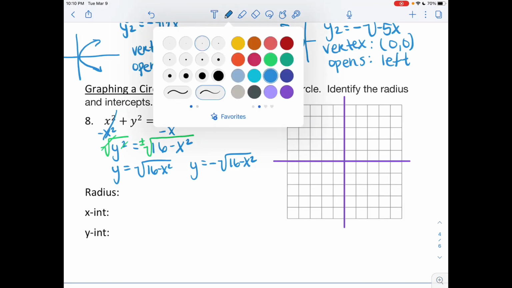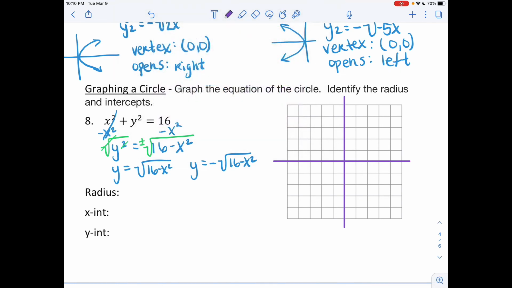Let's go ahead and draw a graph that looks a little better than the one that we just saw on the calculator. So I'm going to put points at positive and negative 4 in the x and the y direction and do my best to draw a circle. Now my little program here is going to cheat for me and probably make a prettier circle than I can by myself.